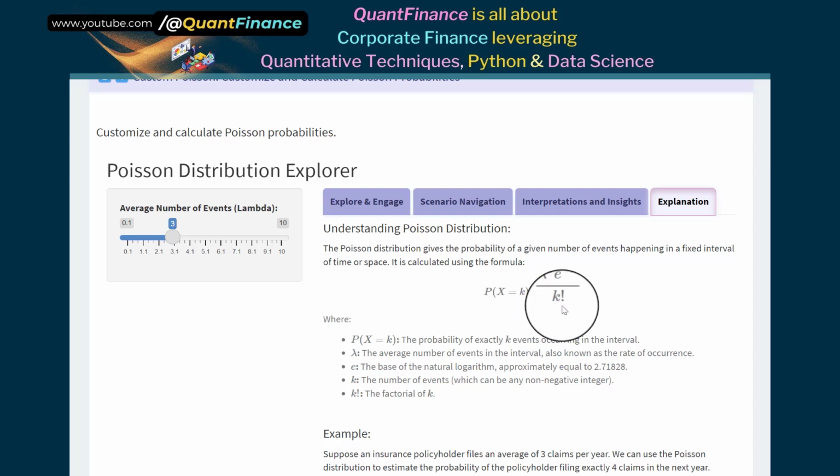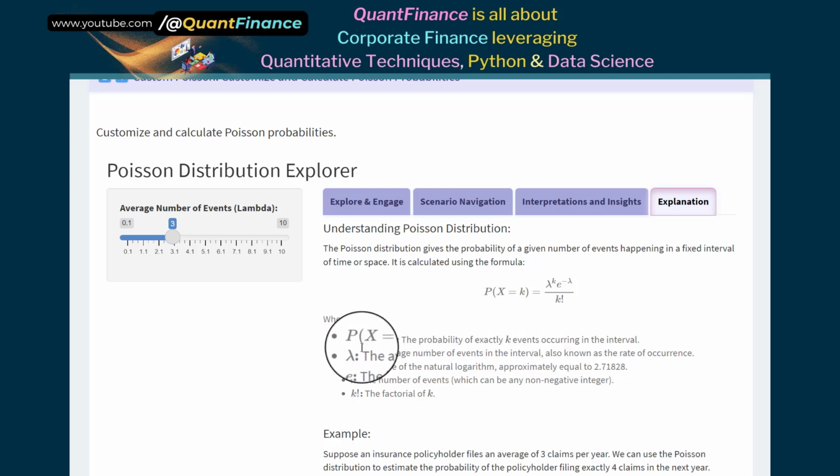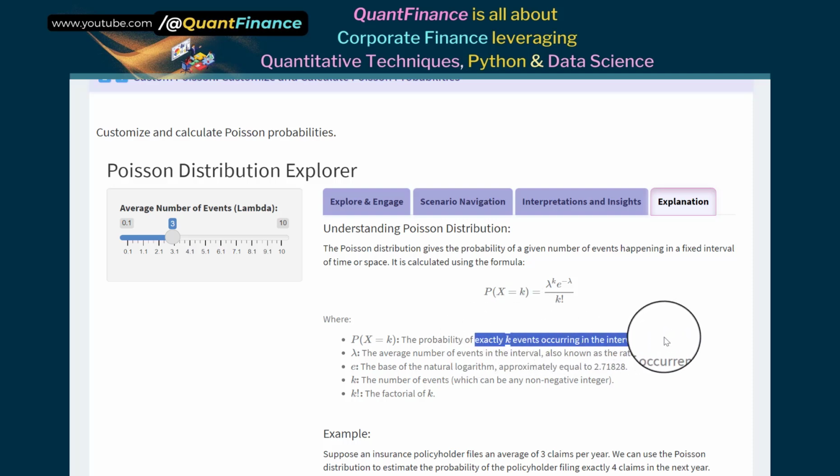Let us now break down this formula step by step. The first part, P of X equals k, represents the probability of exactly k events occurring in this interval of time or space.